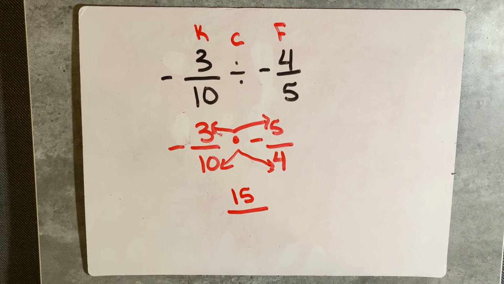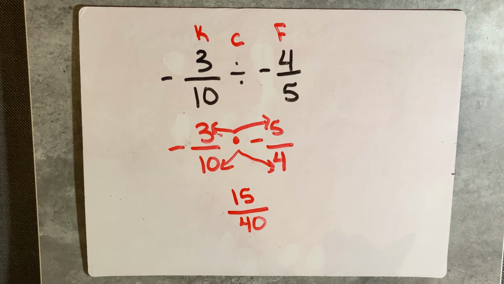Now, if I look at this, I have to say to myself, is there a way that I can simplify this? Yes, it is. The way to simplify it is I'm going to think of what numbers multiply to get 15 and 40.